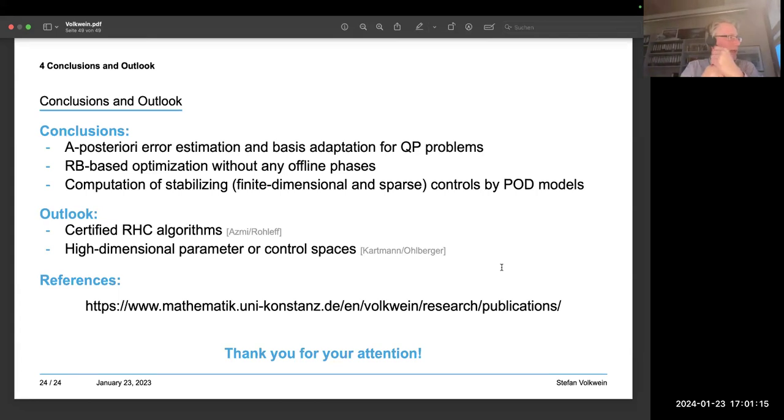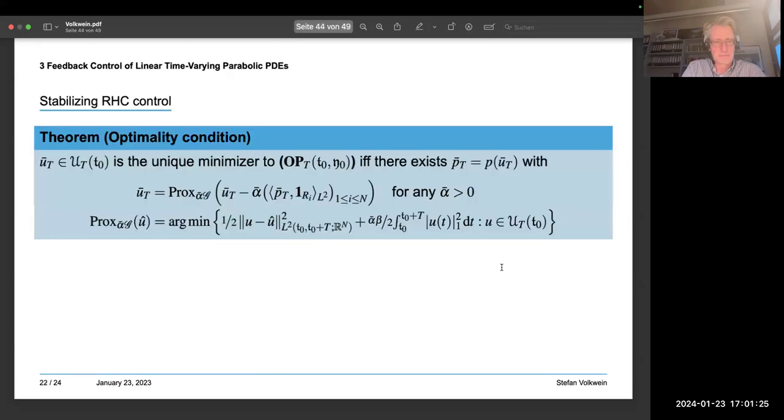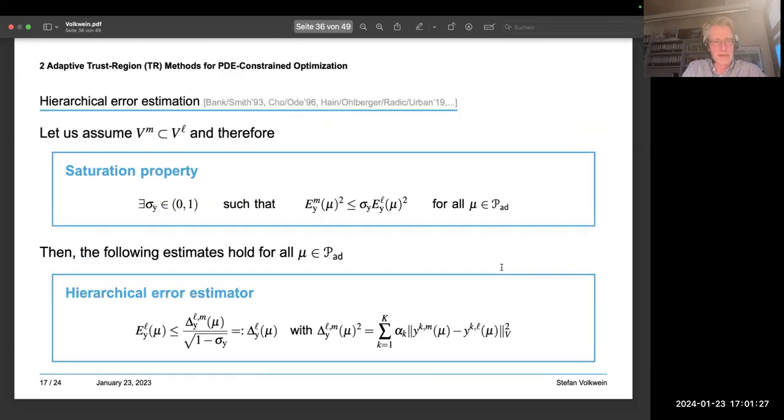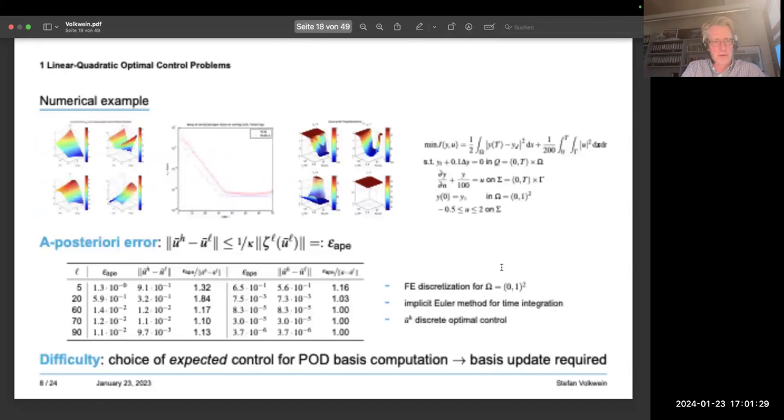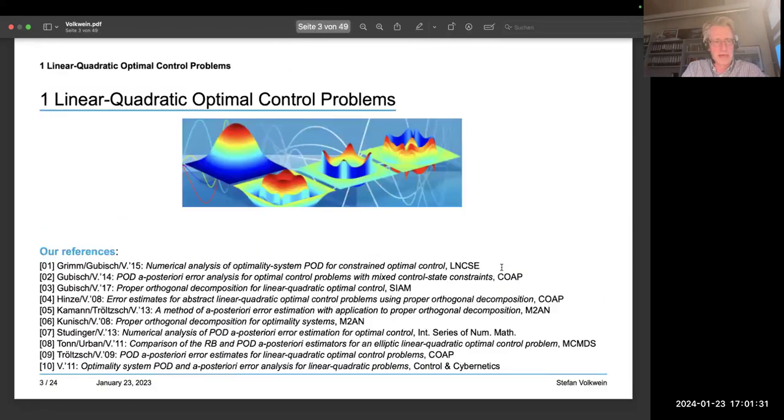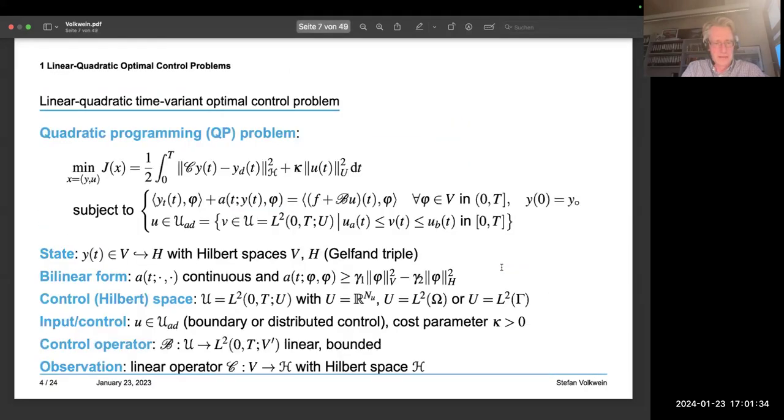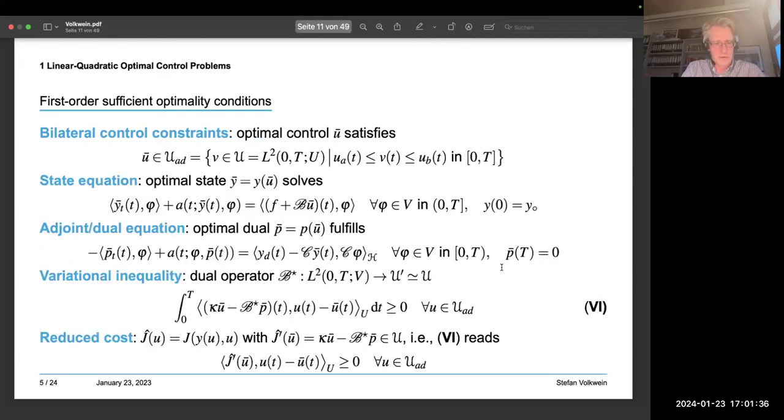So one idea is that you can use the optimality conditions. Maybe I can go back. We can also use these first slides on the linear quadratic problem just to get the idea. There were the optimality conditions. Here is the optimality condition.